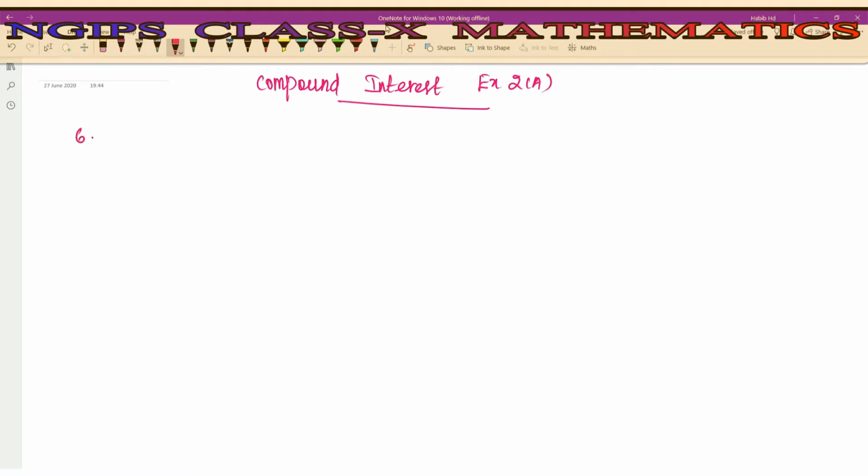Here the 6th question. A borrowed rupees 2500 from B at 12% per annum for compound interest.